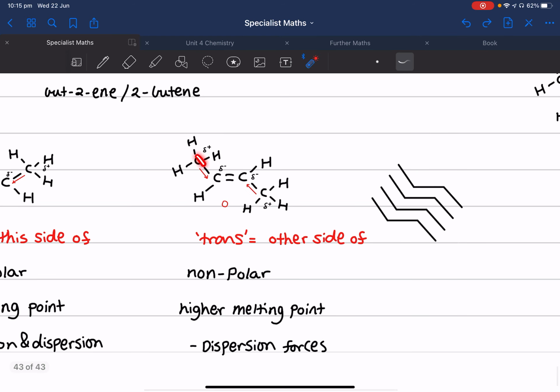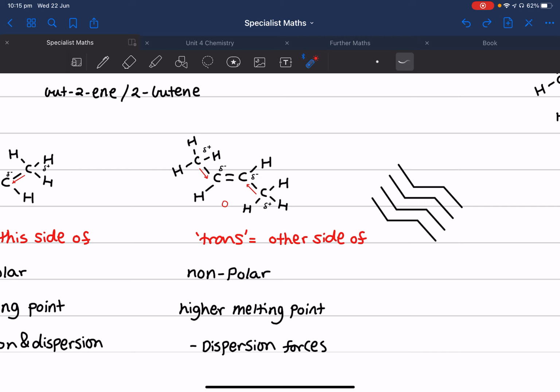Being a bit more symmetrical or linear, it packs together more compactly and hence forms more extensive dispersion forces, making it less likely for them to separate from one another. Remember, melting point is not the breaking of those bonds, but the weakening of those bonds so that the molecule becomes a liquid.